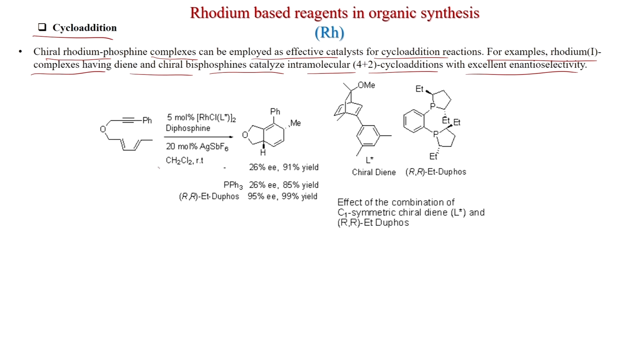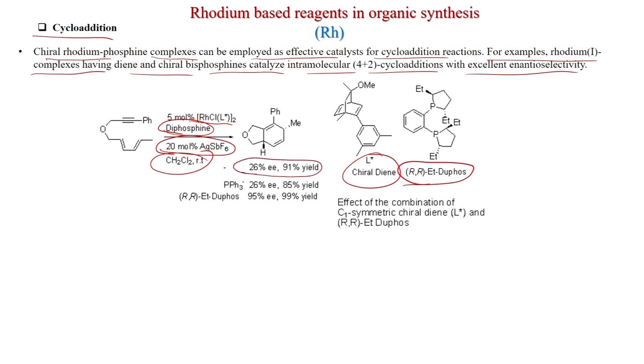Like here, this is nicely suited for 4+2: there is a triple bond, there is a diene, and with 5 mole % rhodium Cl L star. L star is this chiral diene and diphosphine, like DuPhos, this is also chiral, and 20 mole % AgSbF6, dichloromethane, room temperature. You get this product, 26% ee, 91% yield.